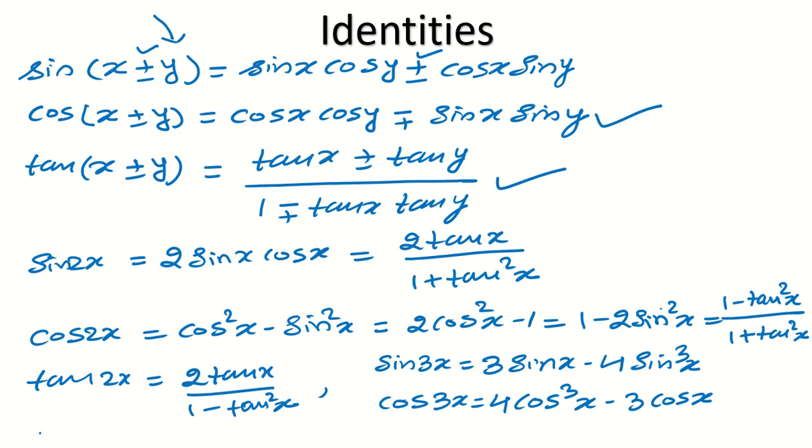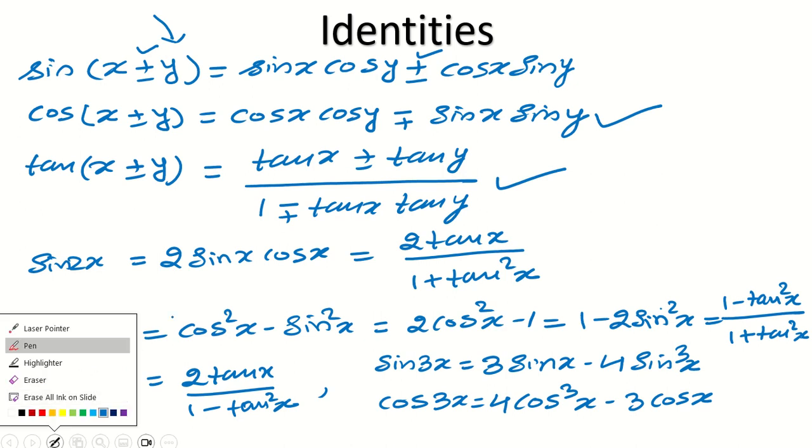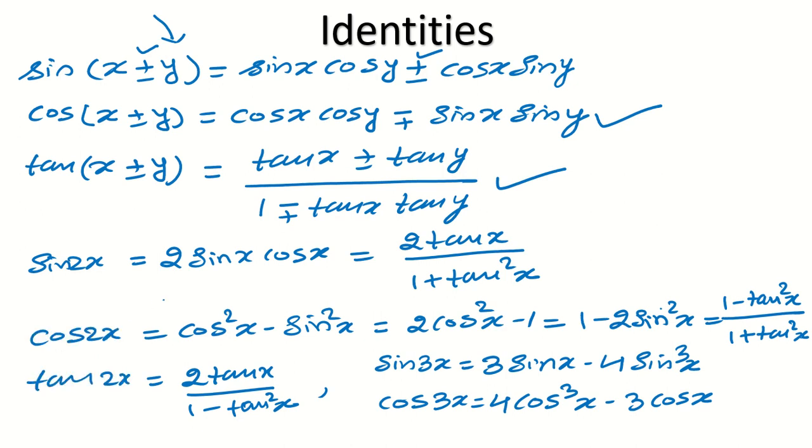Okay. Now, other identities are for tan 3x. Okay, sin x plus sin y, cos x plus y, cos x plus cos y. These are the identities, and we'll see them when we solve some questions. Okay. Now, I will put all the identities together in one page in the chat so that you can write it.